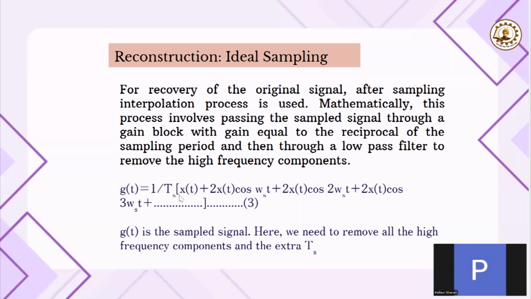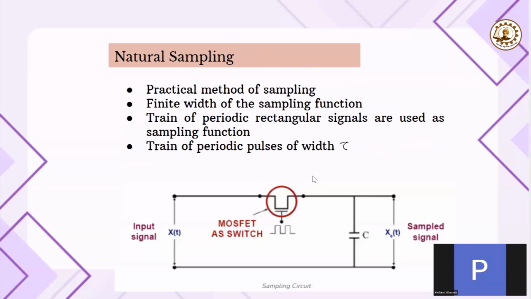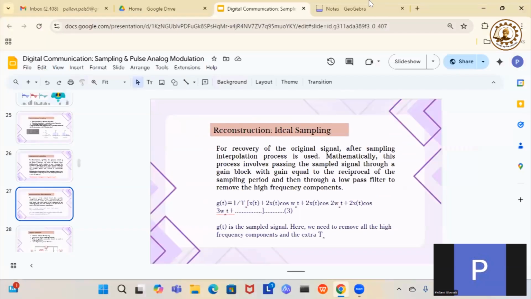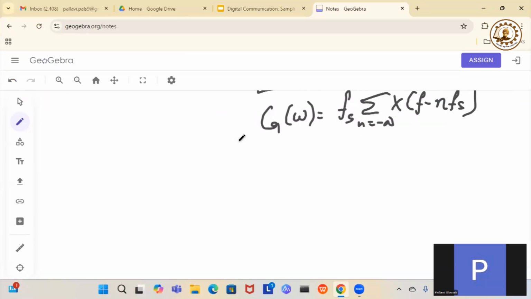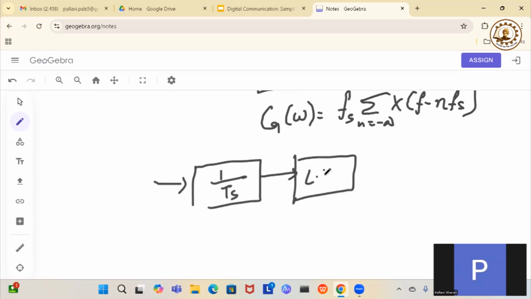And also we don't want this Ts, so we are multiplying with a gain equal to the reciprocal of the sampling period, and then passing through a low pass filter to remove the high frequency components of the signal. So when we are recovering the ideally sampled signals, we pass it through the gain equal to the reciprocal of the sampling period, and then through a low pass filter whose cutoff frequency is equal to the sampling frequency.